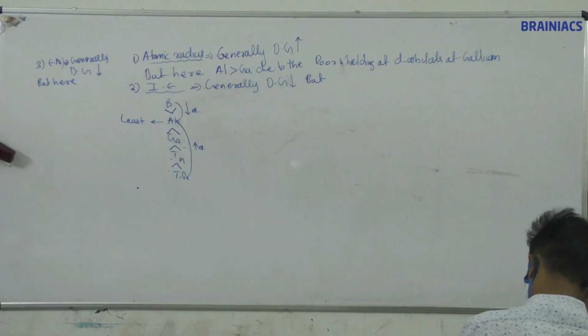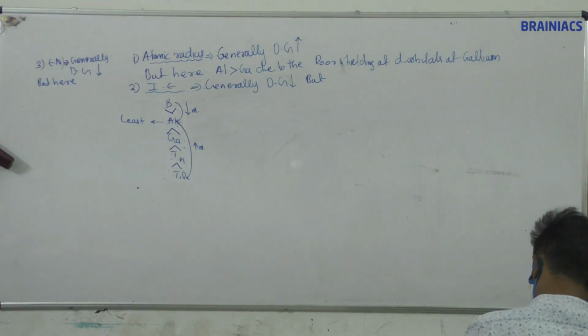Al is the least electronegative and most electropositive element. Okay.